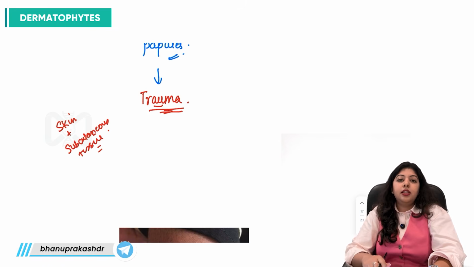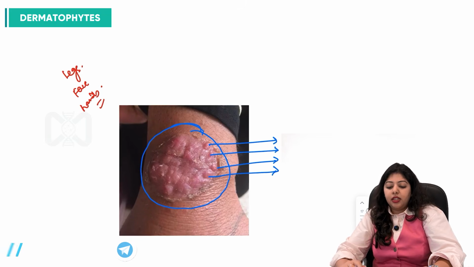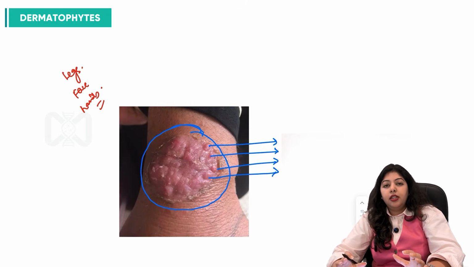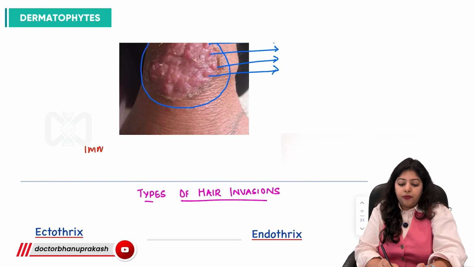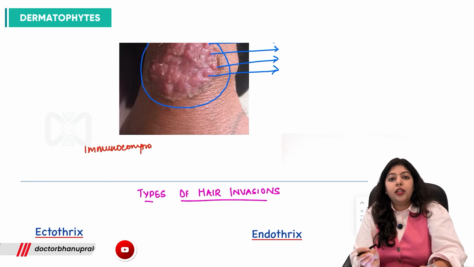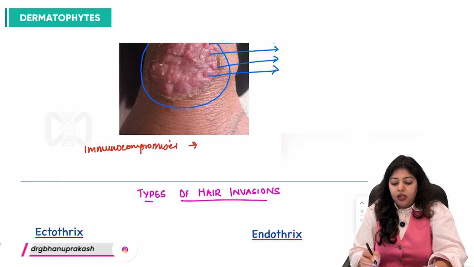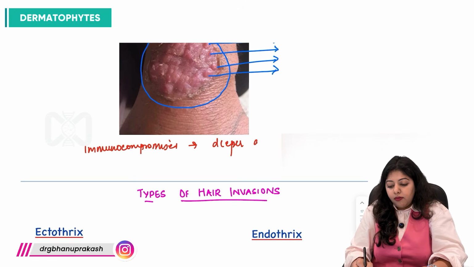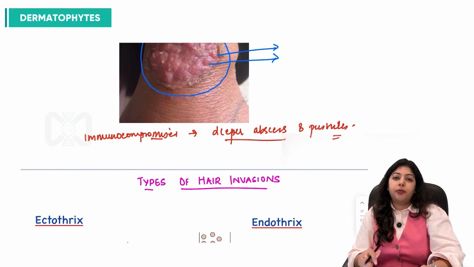So these can be present over the legs, and can also involve the face, the hands, etc., right? This kind of granuloma can be present in normal individuals, whereas in certain immunocompromised individuals, these papules and nodules are going to get converted into deeper abscesses and pustules, which are also known as mycology granulomas, but that is in immunocompromised individuals.